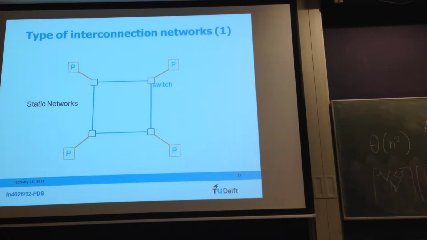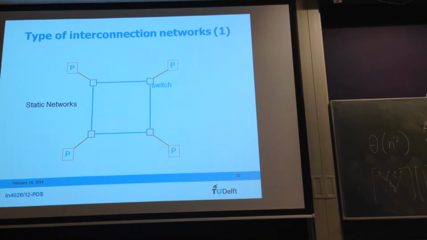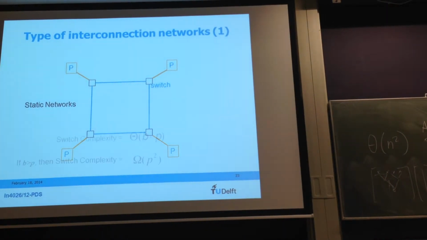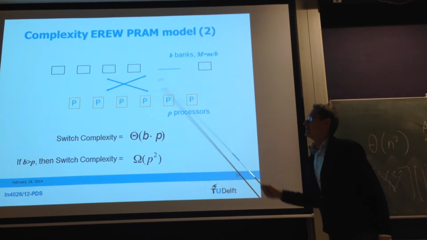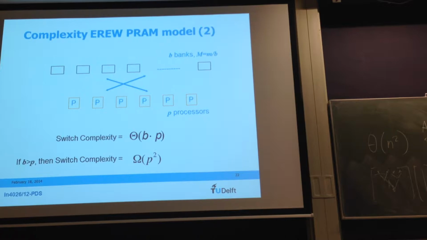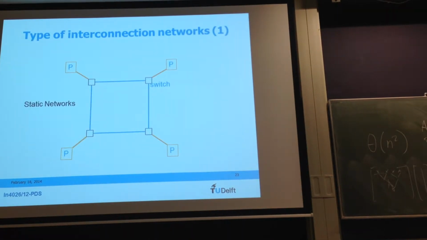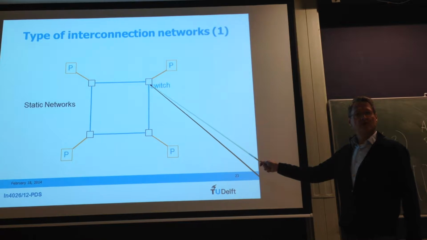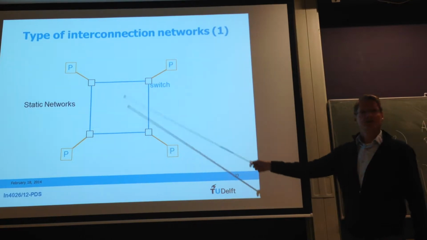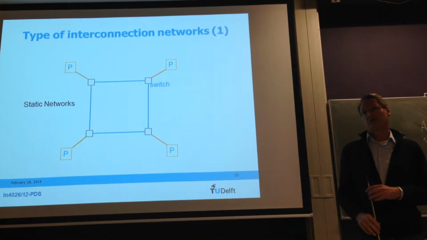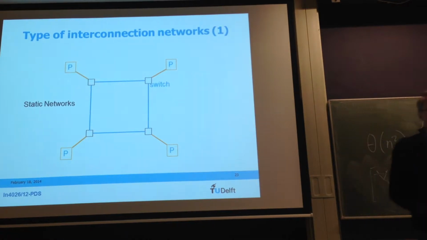Something in between, I think. If we talk about interconnection networks, which are very abstract here, in reality they take two forms. The first form is what we call a static form, where each processor is connected to a switch and all these switches are connected to one another, and the information is routed from switch to switch, which is connected to the destination processor.